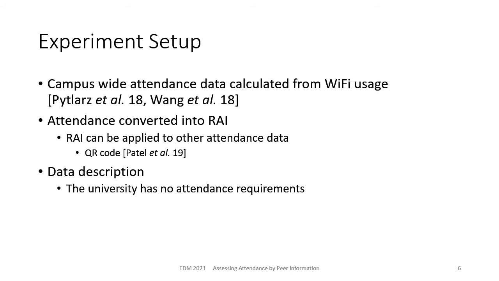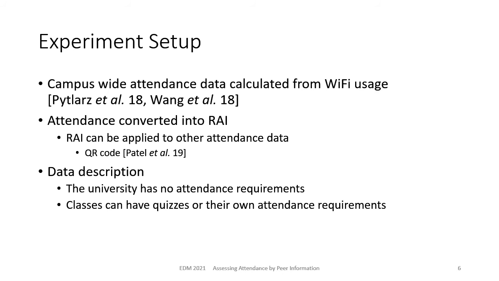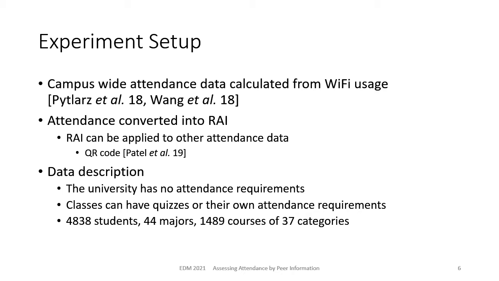The university where we collected the data has no attendance requirements. However, classes can have their own attendance requirements or have in-class quizzes to encourage attendance. The data are from 4,000 students and 40,000 courses in 37 categories.